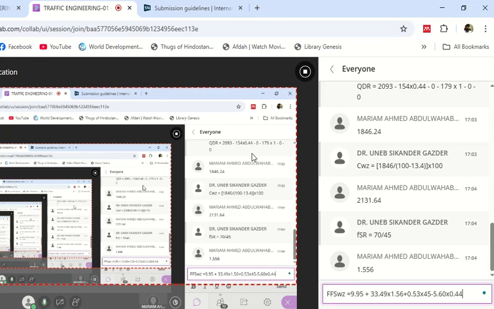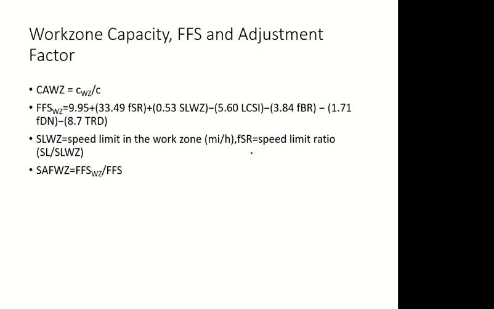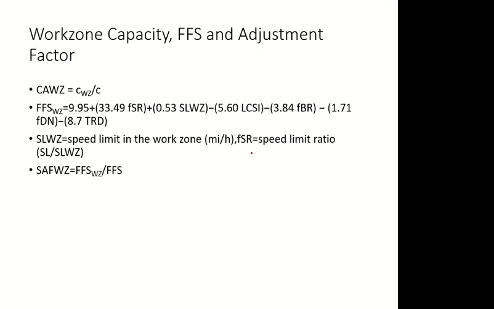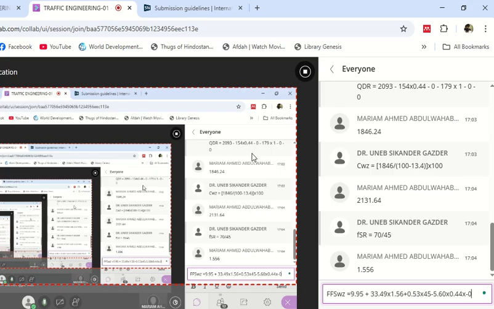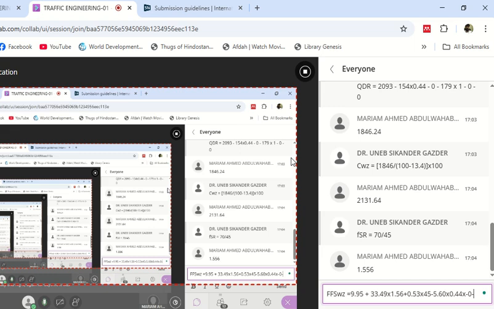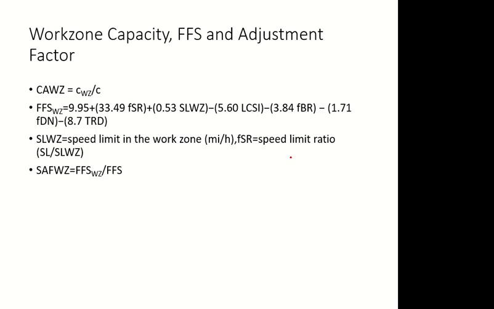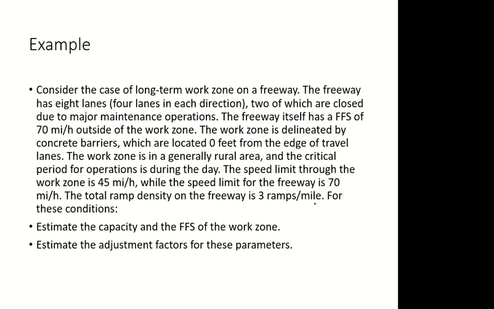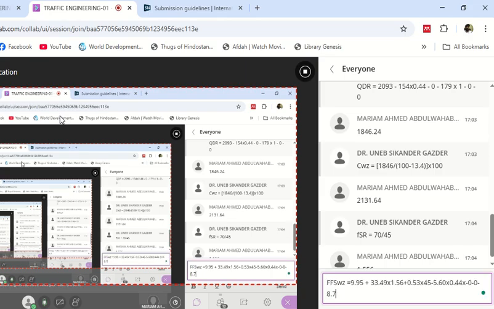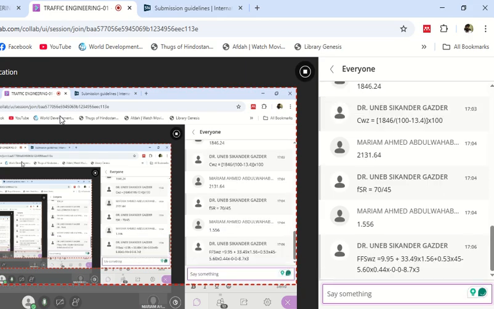LCSI is the same which I used in the previous calculation, 3.84. The factor for barrier type was 0, remember, concrete barrier, so this becomes 0. Then factor for day and night, again for daytime it was 0, so again it is 0. Then the last one is total ramp density, which is given as 3 ramps per mile. So 8.7 into 3. How much is this?